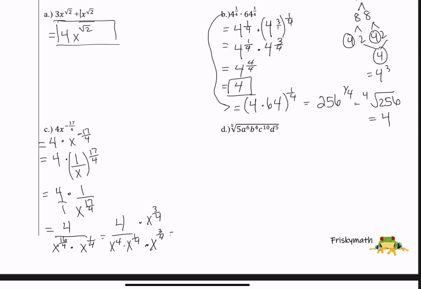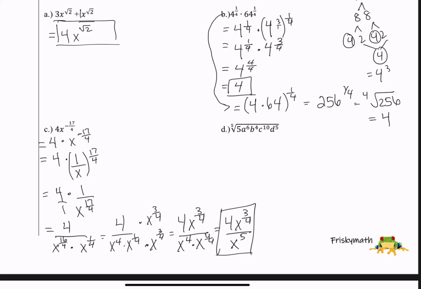And you now are left with 4 times x to the 3/4 over, and then you've got x to the 4th times x to the 4/4, which is really like x to the first power. All right, so now I'm left with 4 x to the 3/4 over x to the 4th times x to the 1st, which is x to the 5th. There's your final, most simplified answer.